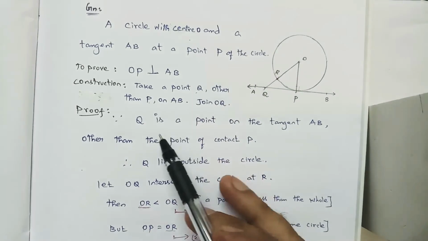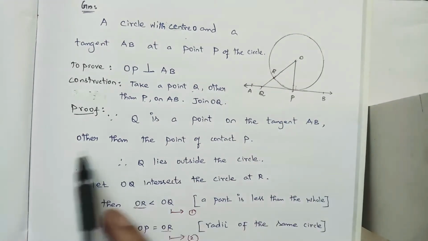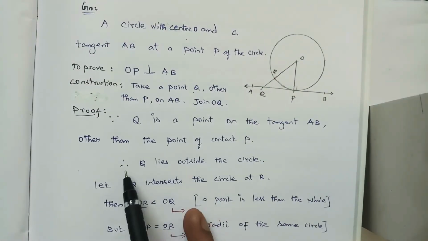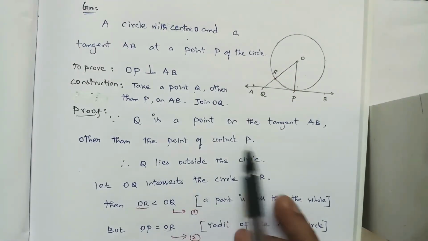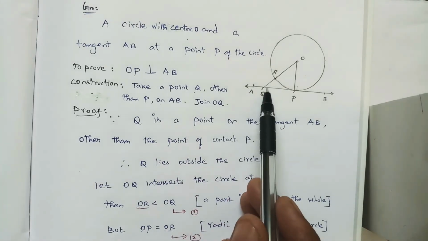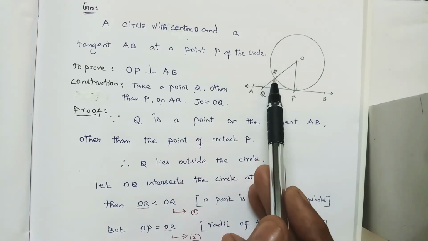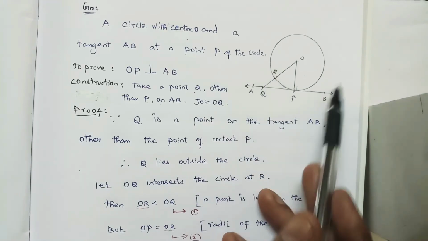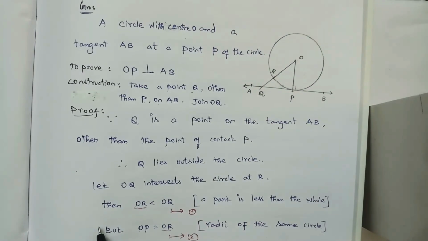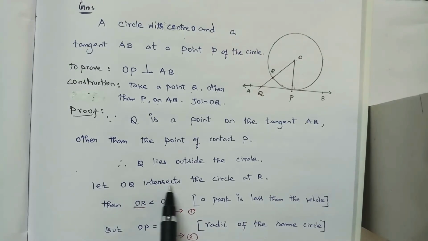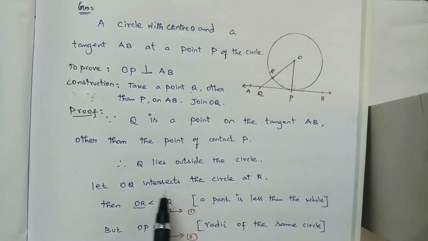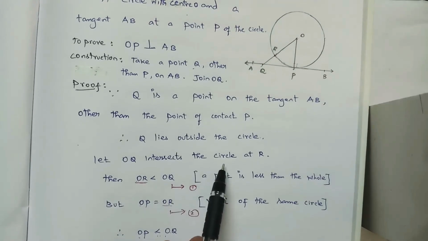So Q is a point on the tangent AB other than the point of contact P. Q lies outside the circle. Let OQ intersect the circle at R.